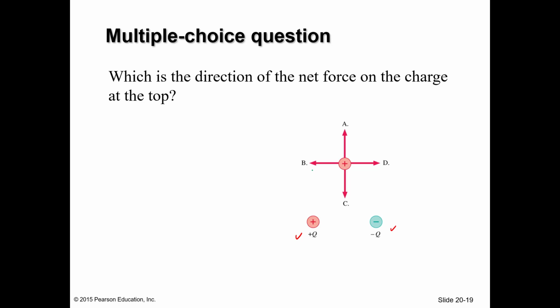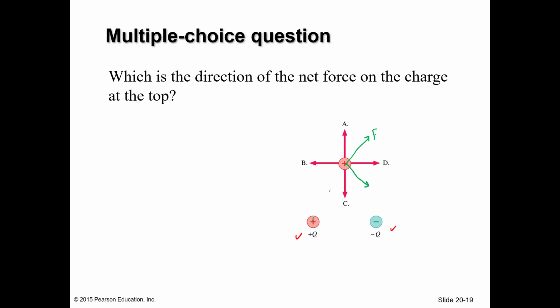So what's the answer? So this one will try to push this charge away from it because they are both positive. So this one will push it that way. Okay. And this one, because this is negative and that's positive, it will try to pull it towards it. So that way. So we have these two vectors.